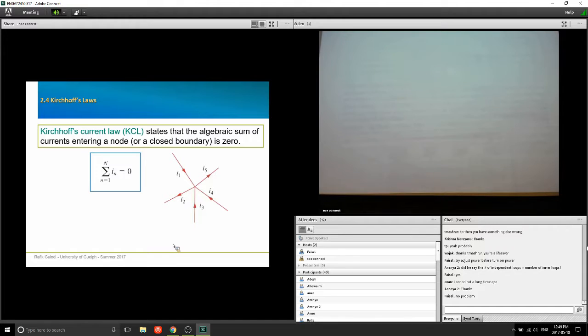KCL states that the algebraic sum of currents entering a node, between brackets here it says or a closed boundary. I'm going to leave the closed boundary for later. But for now, we're going to think about it as the sum of currents entering a node is 0. The algebraic sum means you have to take the sign of the current into consideration. It can be positive or negative.